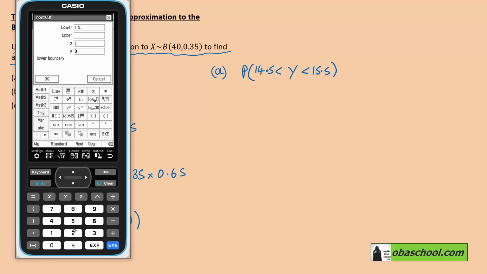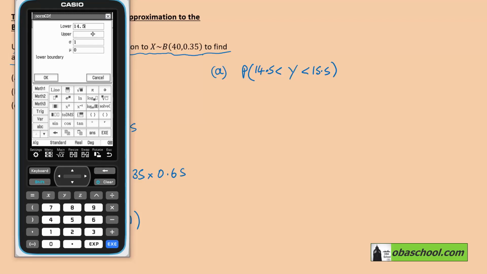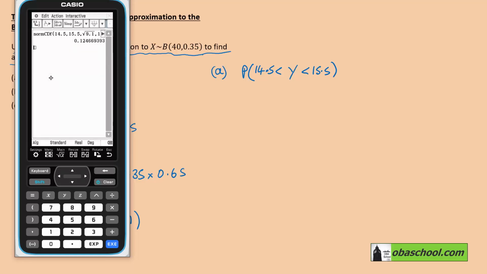So we're going to go 14.5 to 15.5. Whatever app you have, it's usually these things you fill in. It's usually the standard deviation on the calculators, not the variance, so remember that you need to square root the variance and put the mean in, and that is 0.1247, correct to 4 decimal places.